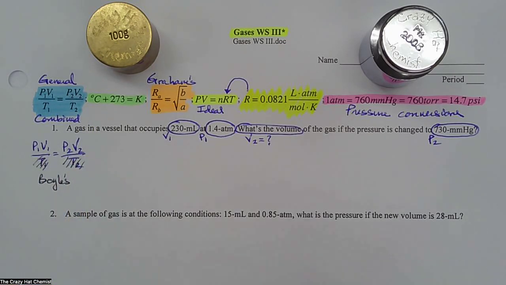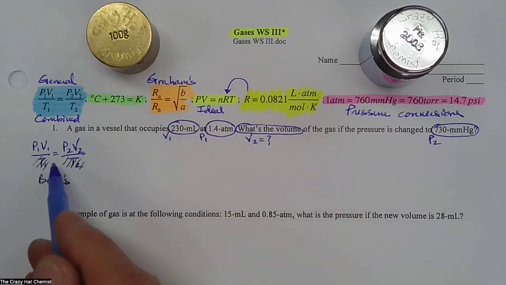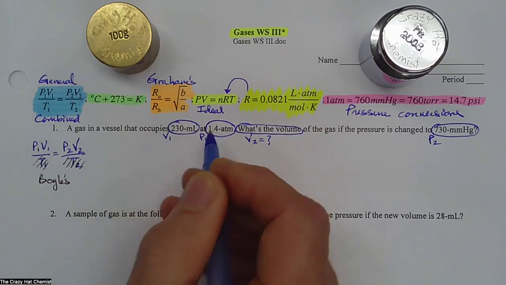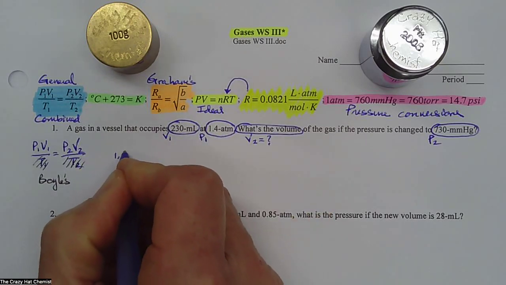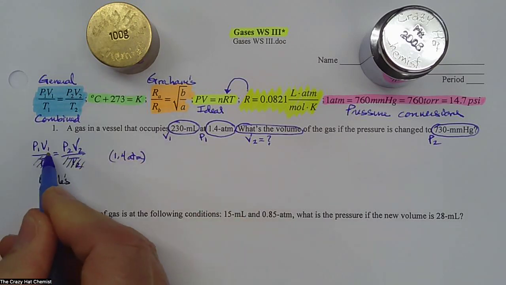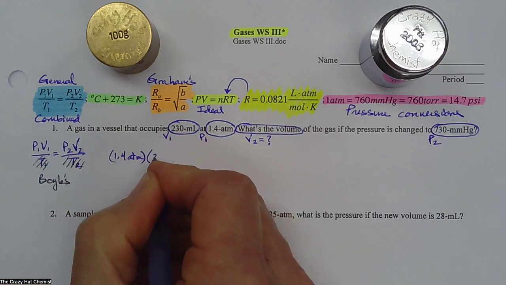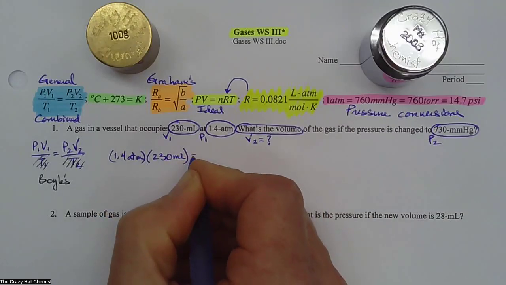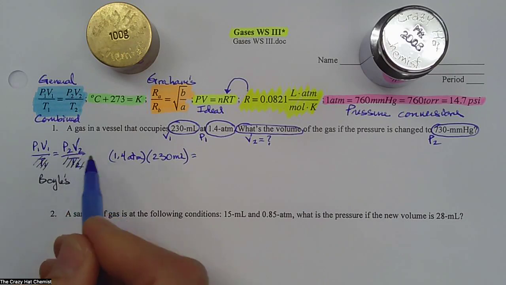All right, so we're going to plug these values right into this. So pressure 1 is what? 1.4 atm. And then the volume 1 is 230 milliliters, just like that, perfect, equals pressure number 2.